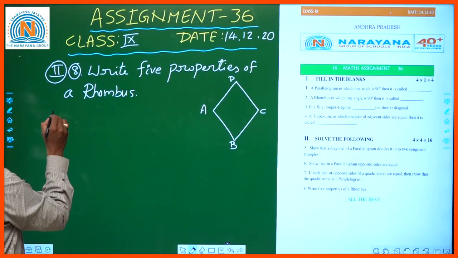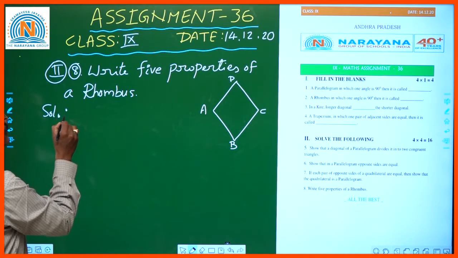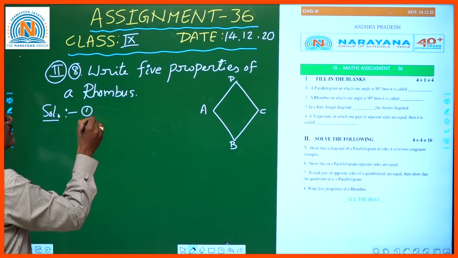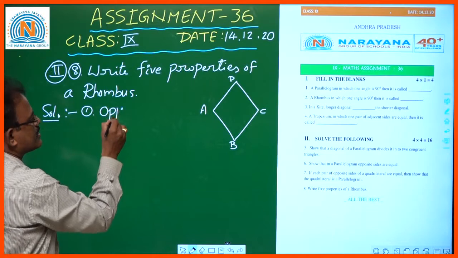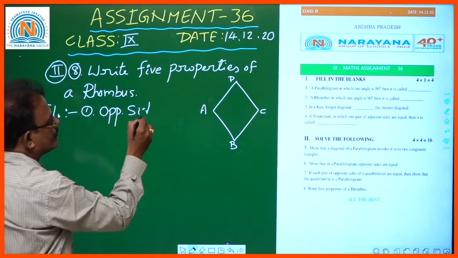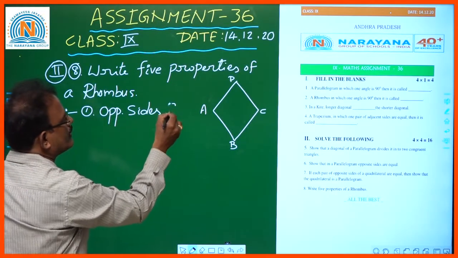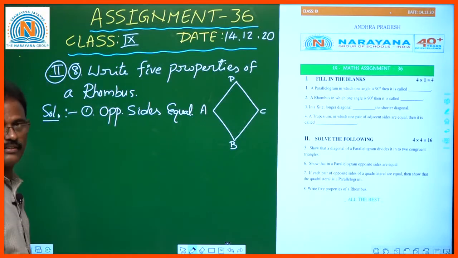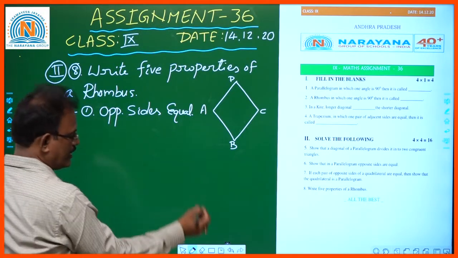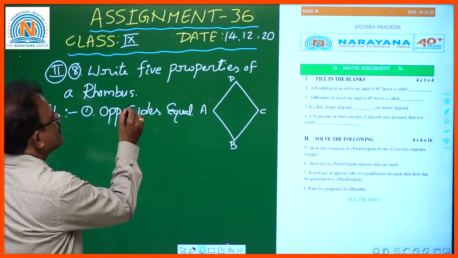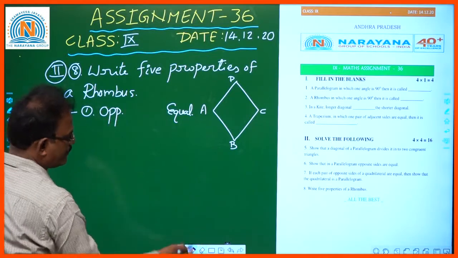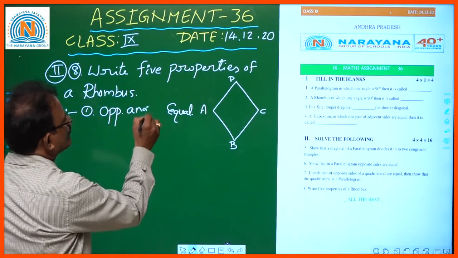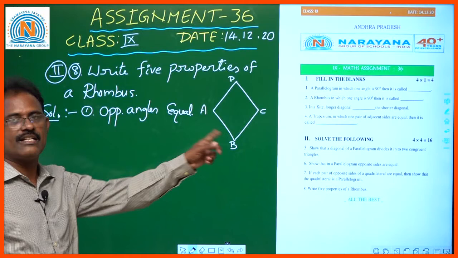So here, property number 1 is opposite sides are equal. Opposite angles are equal.